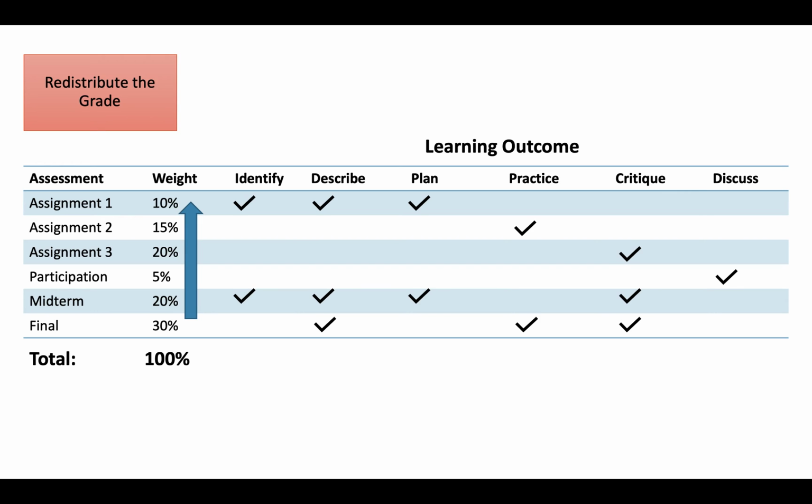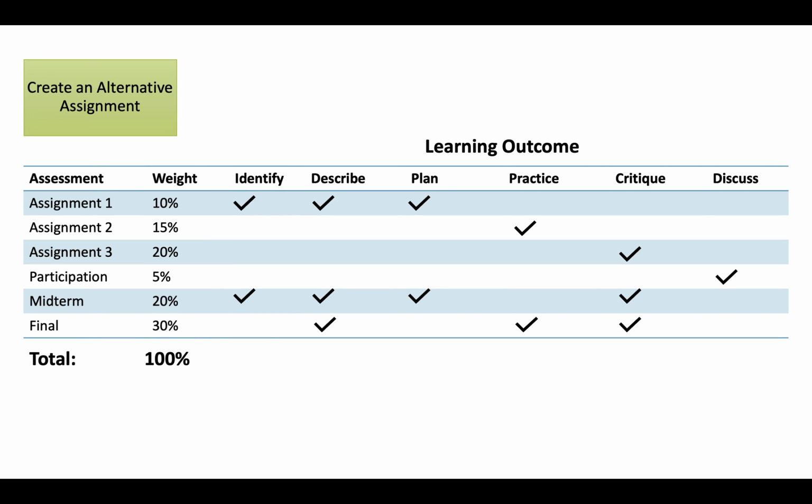So here's the example played out. So the 30% becomes 0, and the redistribution is a decision as to how to take that 30% and put some on the midterm, some on assignment 3, and some on assignment 2, because from this instructor's perspective, that's where there's the closest alignment between those intended learning outcomes of the various assignments.